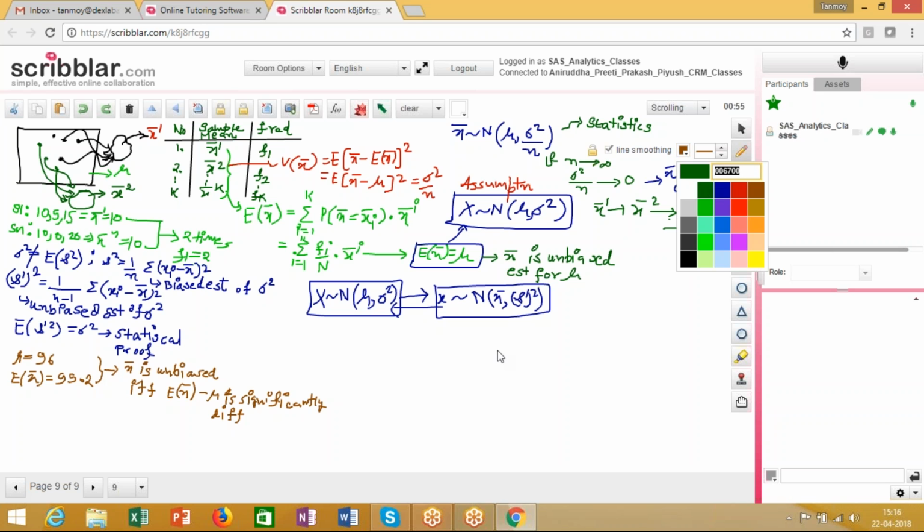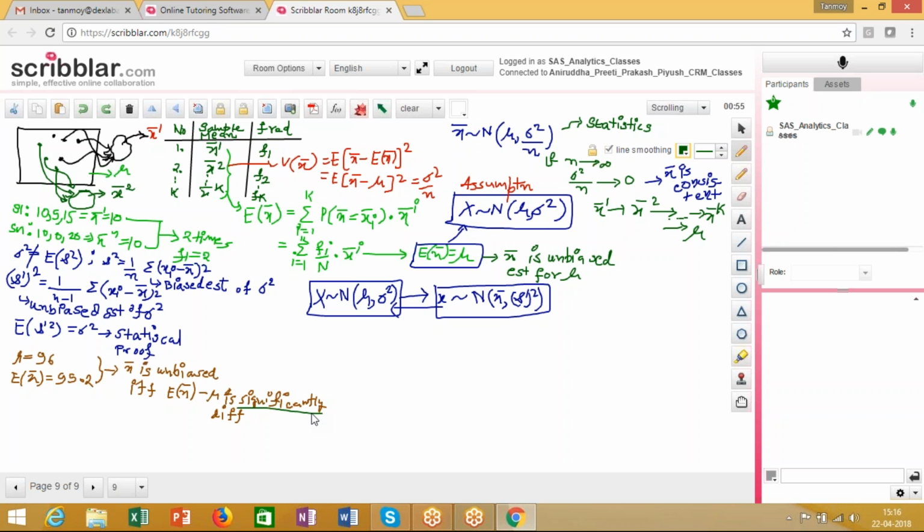Now the question that comes out is, how different is significantly different? How do I quantify a significant difference? Because what might be significant to me may not be significant to you, or what might be significant to you may not be significant to me. So how do I know what exactly is a significant difference?